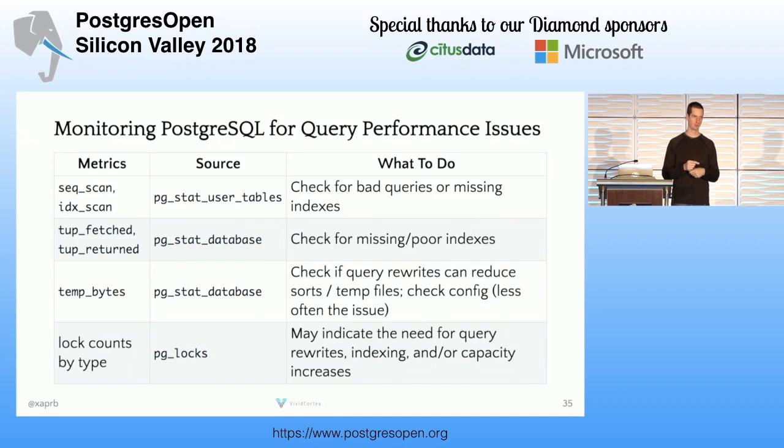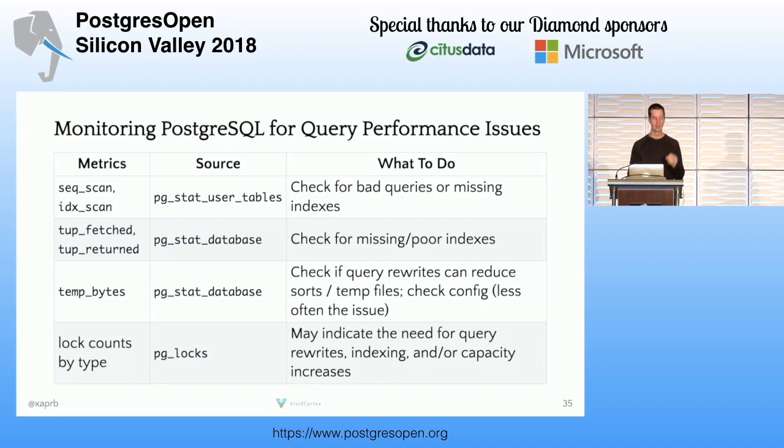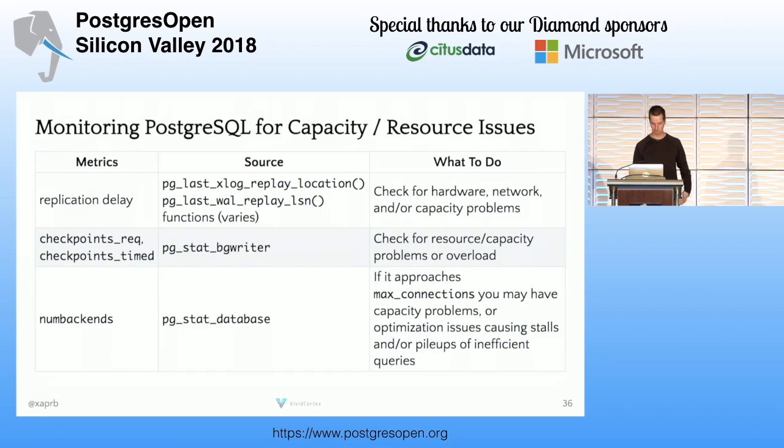You could, for example, go look for a query that is newly introduced to the system, that is not well indexed. These are a few of the things that I would recommend looking at. I'm not going to talk through all of them, but they're here for your reference in the slides. These are how you can detect if there is a query performance issue at the highest level without even looking at a profile of the queries. You can usually detect these things even in the aggregate.